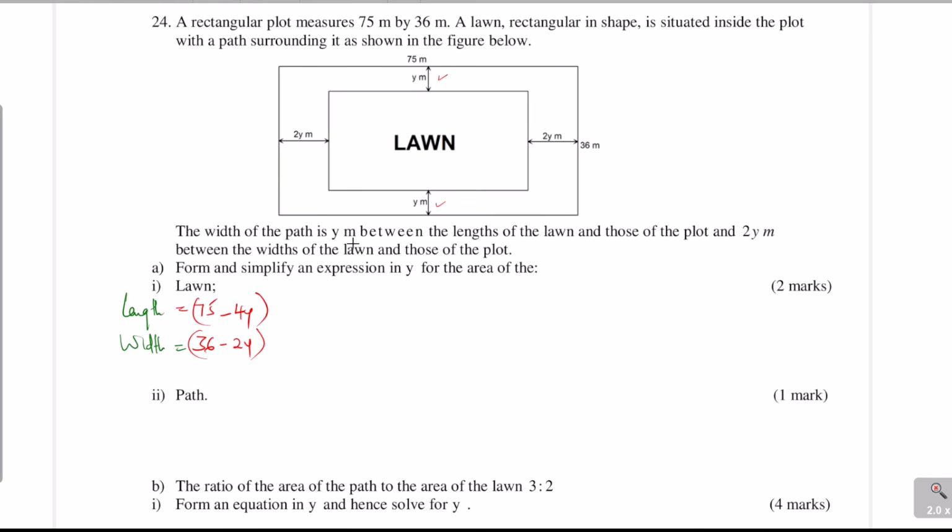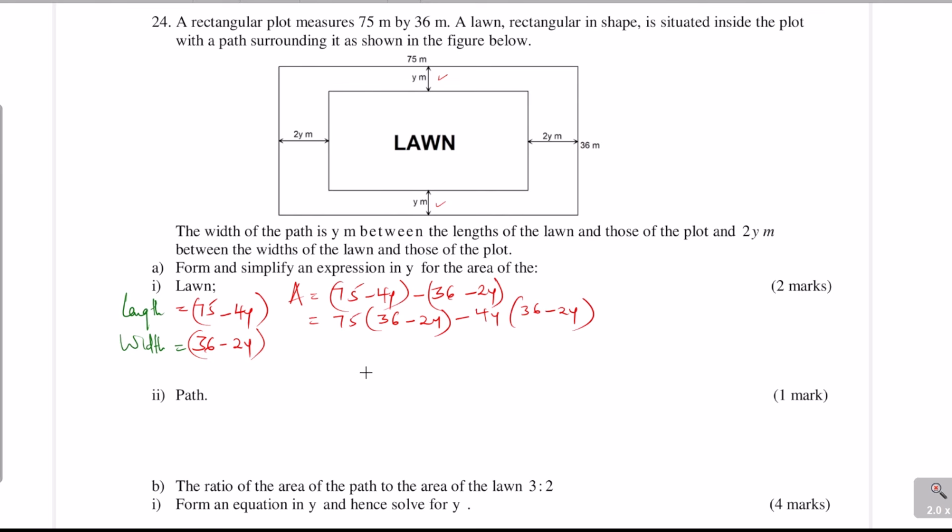So having that, now we can get the expression of the area by simply taking the length. So area will be the length, which is 75 minus 4y, and then multiply by the width, that is 36 minus 2y, like that. So you expand these, 75 multiplied by 36 minus 2y, then minus 4y times 36 minus 2y. You know how to expand these.